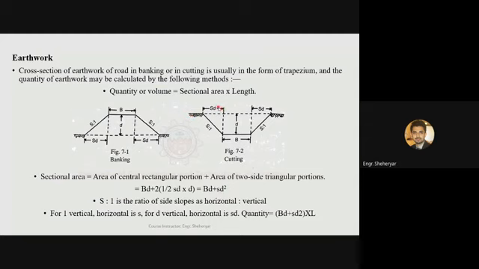The same will be the case for the cutting. There's the breadth B and the depth, and these are two triangles with side slopes having the ratio of S ratio 1. So the same formula is also applicable to the cutting portion as well.